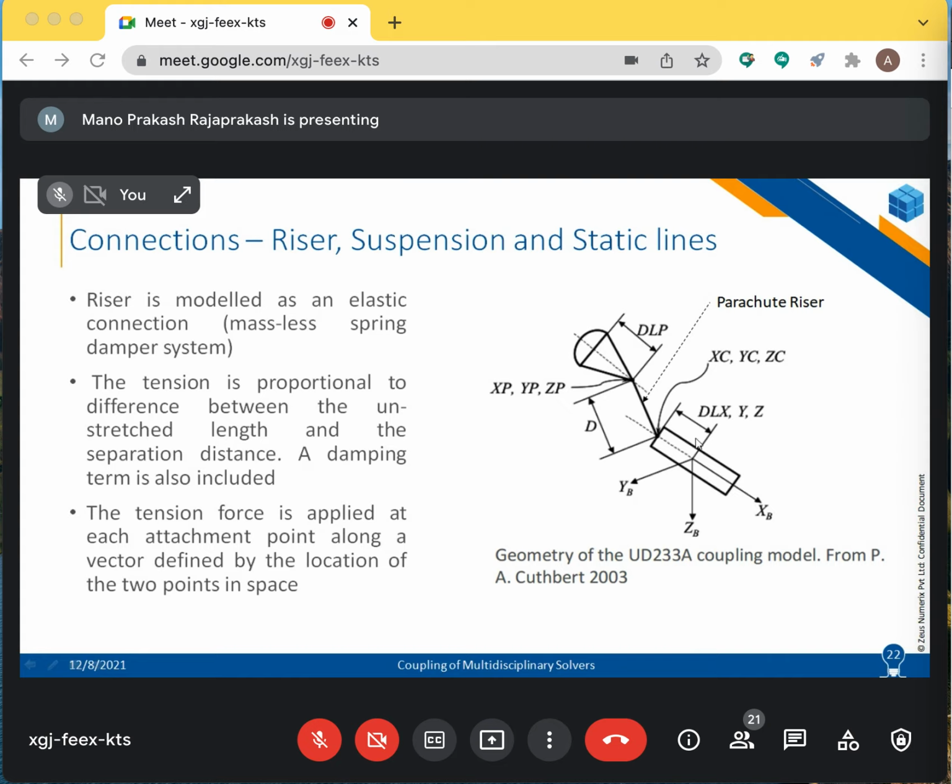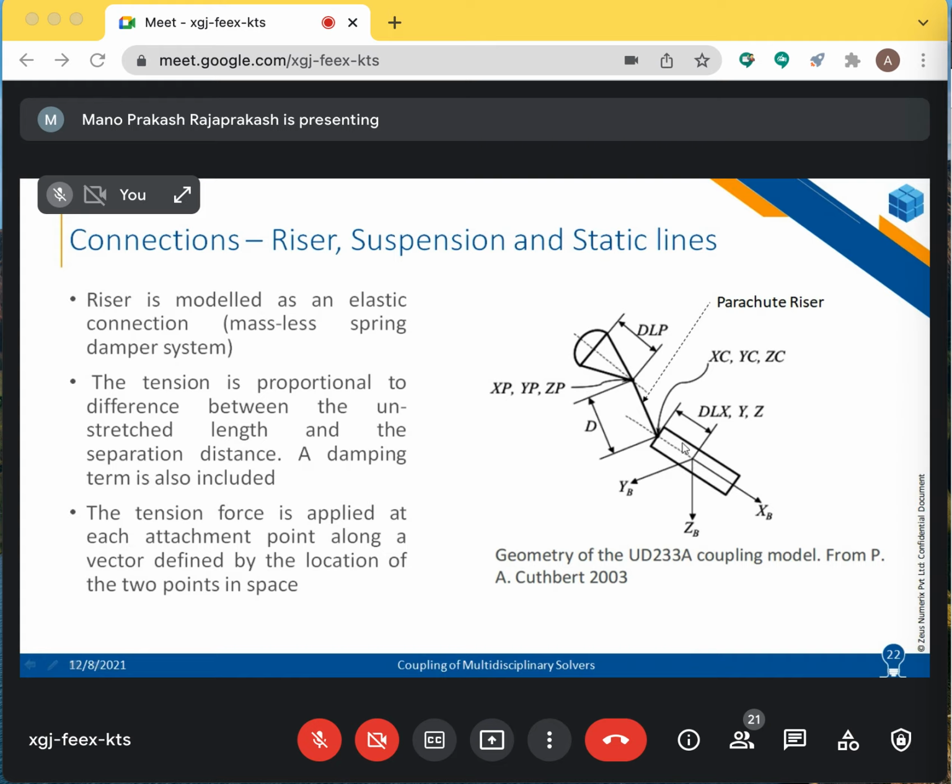For the payload, this is going to act in the opposite direction. So in this connection, the tension force is applied at each attachment point along a vector. That's why you see XP, YP, and ZP, because these points are usually defined with respect to the CG of the parachute and the CG of the payload.